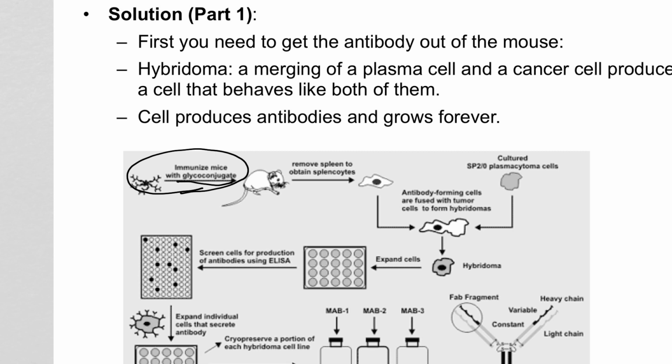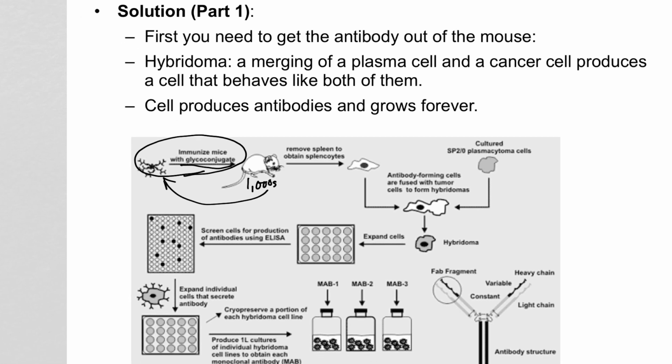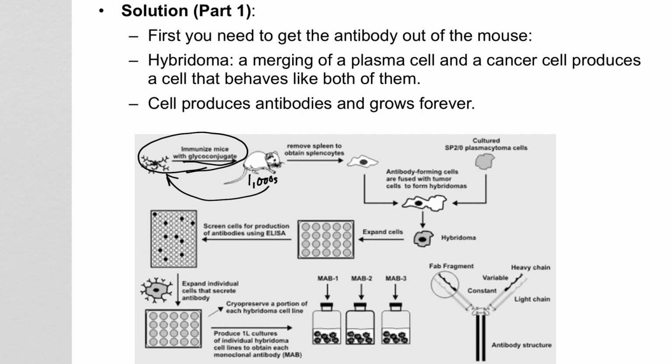Now, this mouse is going to make probably hundreds or even thousands of different antibodies that bind something, right, on that tumor sample that you injected into it. And there's no way that all of them are going to be functional. And so what we're going to do is, once that mouse has had an immune response, we're going to get cells out of its spleen. And those splenocytes are effectively the cells that would be B cells, B lymphocytes.